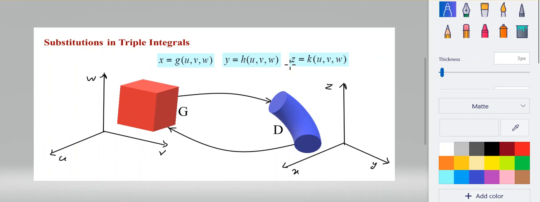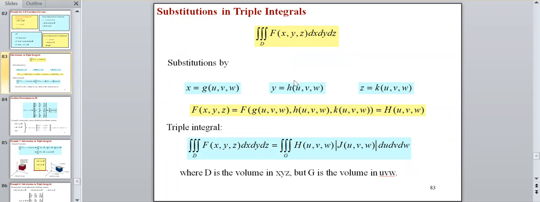Of course, when we use substitution, the calculation might get easier, and we might also get an easier region for integration. So let's go back here. In the function, when we put the values of x, y, z in terms of u, v, w, it will be converted to a function of u, v, w.